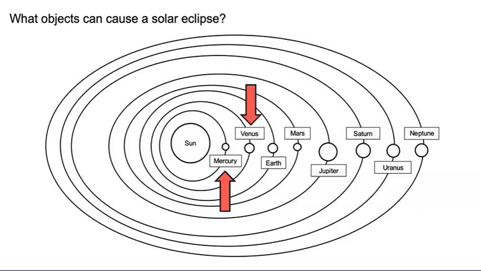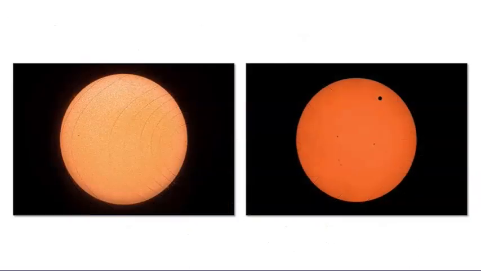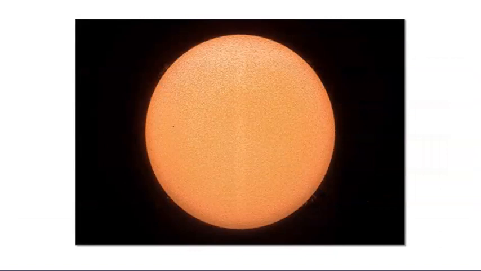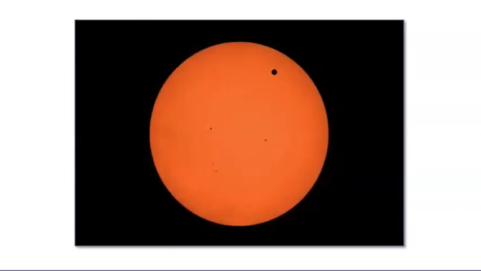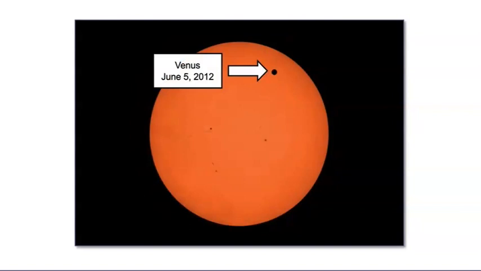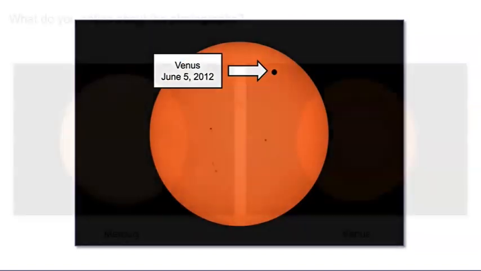Maybe. Let's make some observations to determine whether either Mercury or Venus can cause a solar eclipse. Look at these two photographs. The large circle in each photograph is the Sun. The first photograph shows Mercury passing between the Sun and Earth on November 11, 2019. The second photograph shows Venus passing between the Sun and Earth on June 5, 2012.